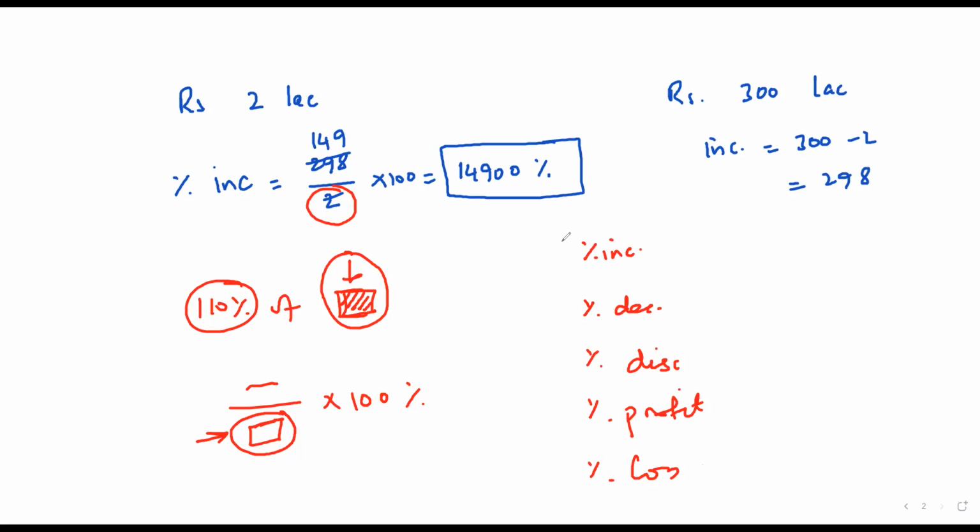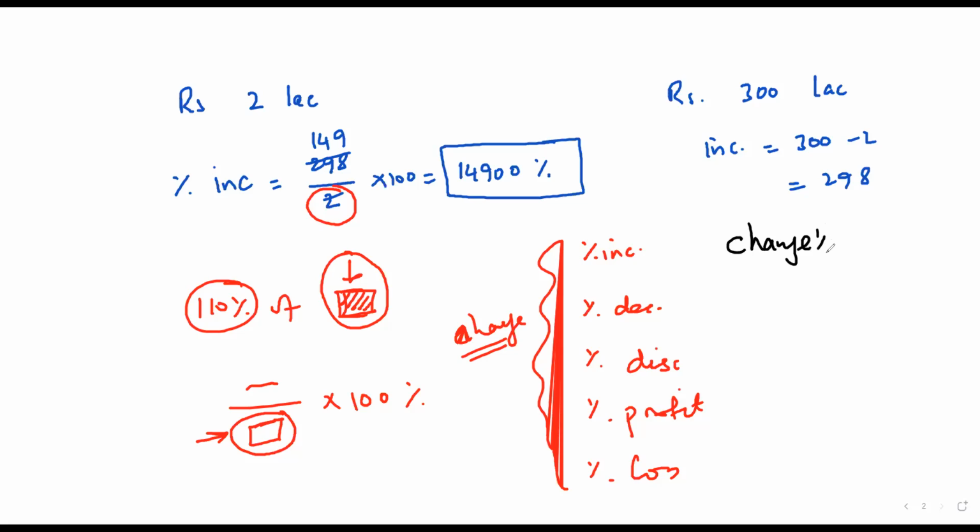If we generalize all of them as a change, then we can generalize this formula as the change percent. Be it the increase percent, the decrease percent, the profit percent, the change percent is going to be the change over the original figure times 100%.